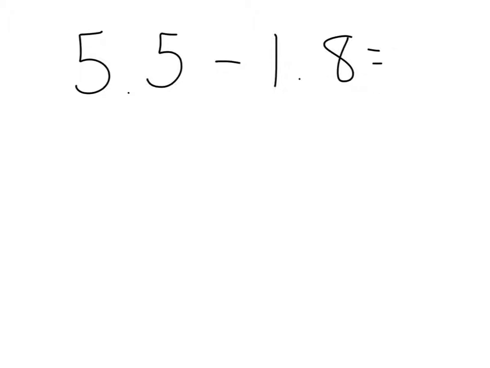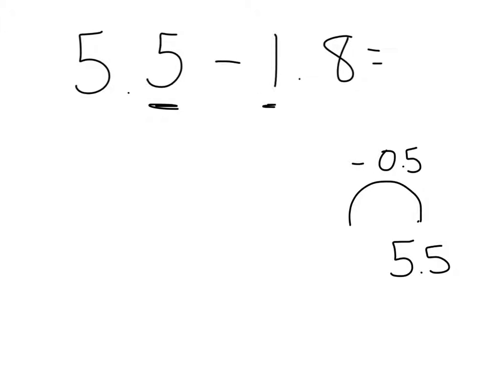So we start the number line at 5.5. And we're going to jump back 0.5, as it tells us there. And then we're going to jump back a whole 1.